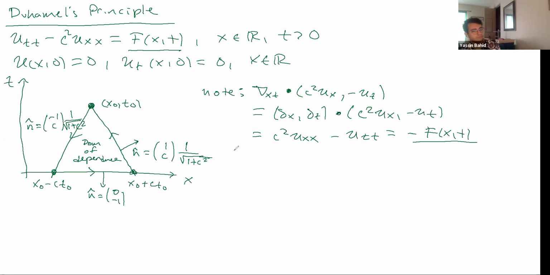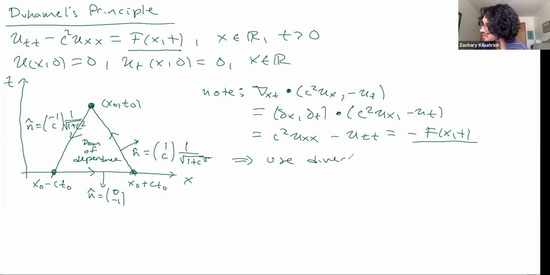Okay. So what I'm going to do is I'm going to use the divergence theorem in order to integrate this equation that I have now. So the idea then is that I'm going to call this whole region of dependence Q, so I don't have to write out something complicated.